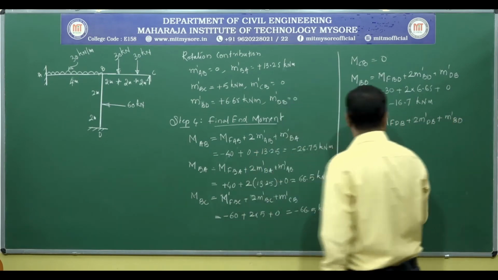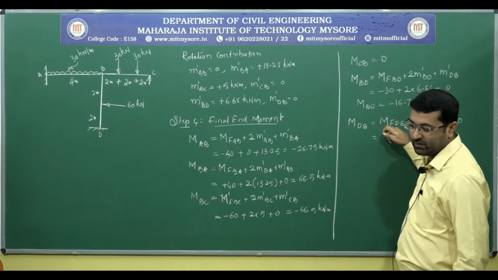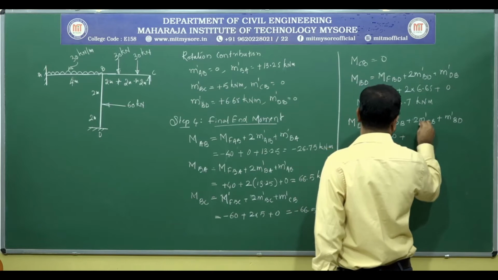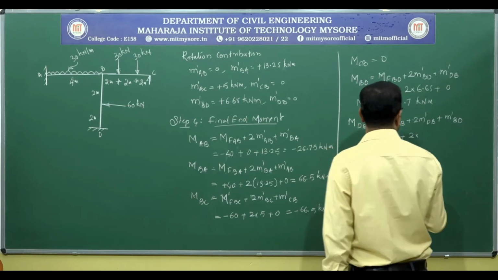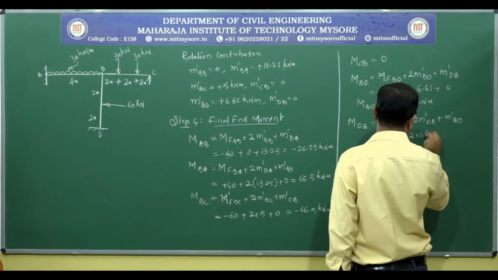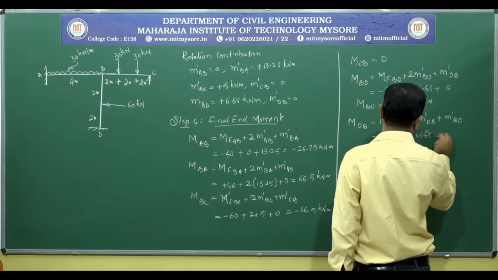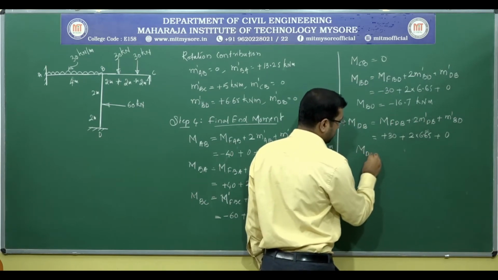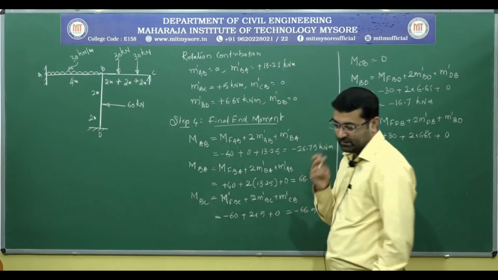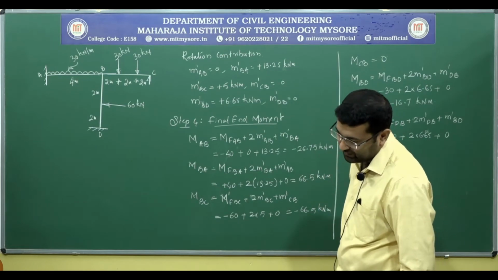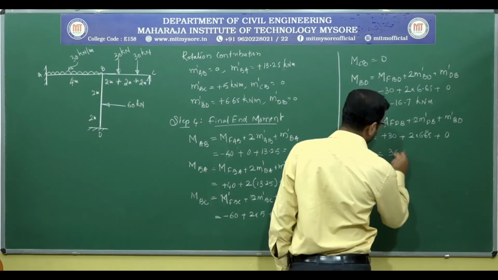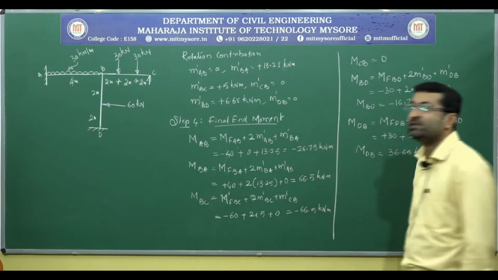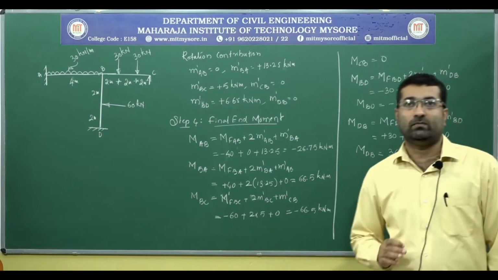Here MFDB as per our calculation is plus 30, plus M dash DB, which is 2 into 6.65, plus M dash BD which is 0. This gives us a value of MDB as, let me verify, 36.65 kilonewton meter. So these are the final end moments.